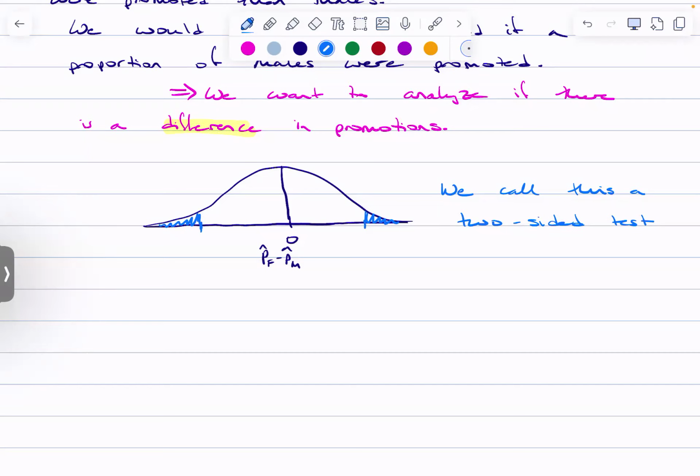And it just makes it harder to reject H naught, because what happens is we find the p-value in one of the tails, and then we say, well, I would be just as concerned if that happened on the other end, so we multiply it by 2, typically.